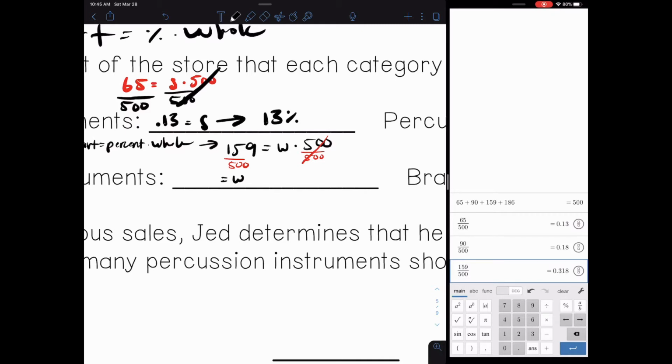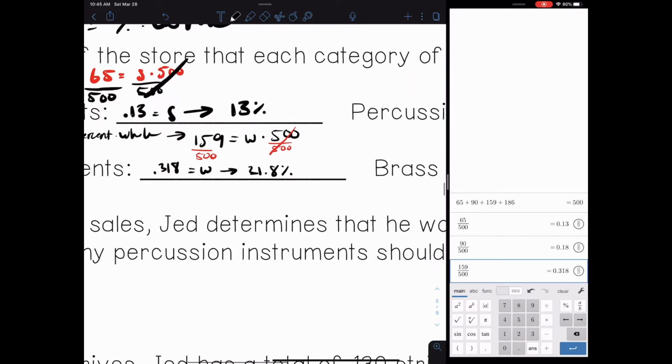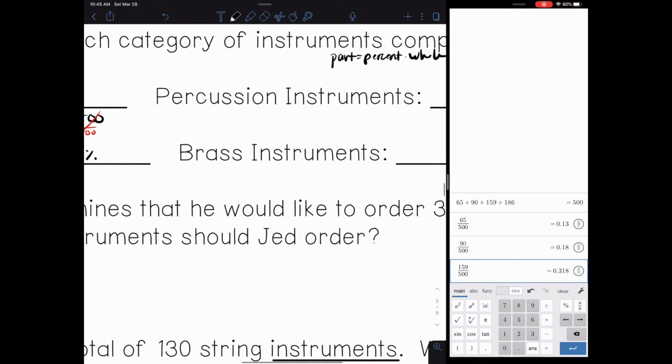And on the left side, you get 0.318. But we want a percentage, and so that is 31.8%. Okay, so far so good. The next part, brass instruments.